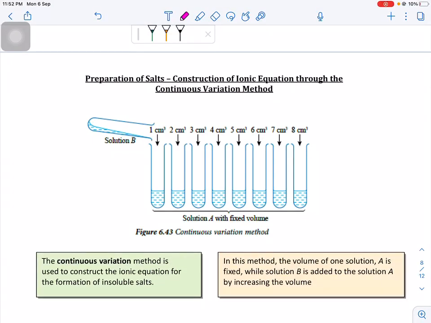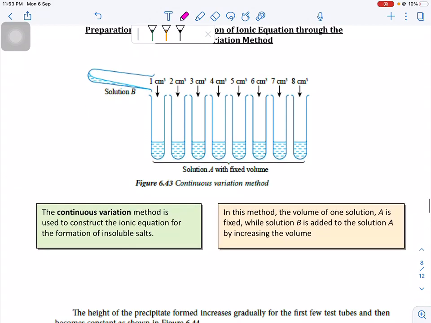Under preparation of salt, we can construct the ionic equation through the continuous variation method. What is the continuous variation method?